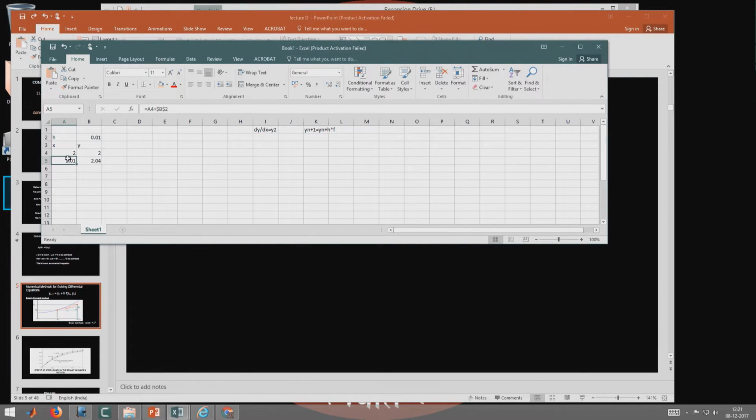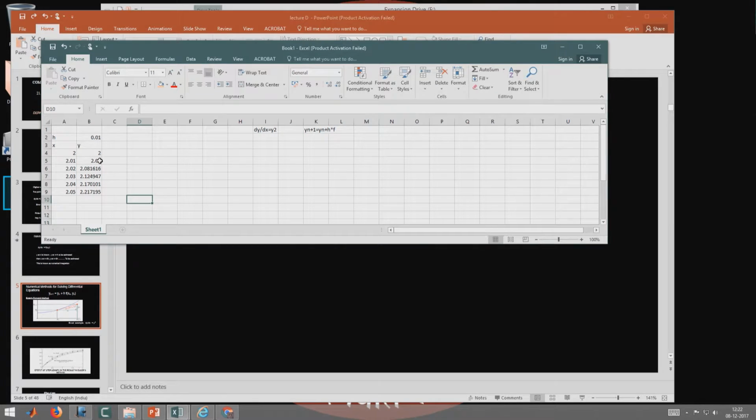So we can calculate each step, and B4 into $B2 plus B4 square. So and then we can calculate.